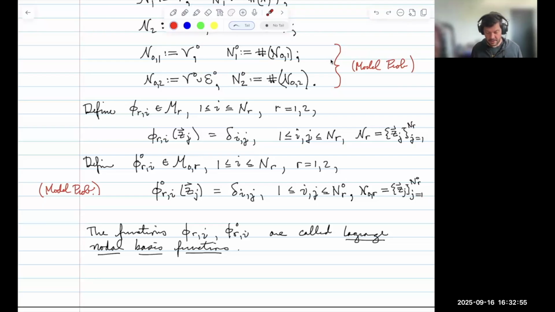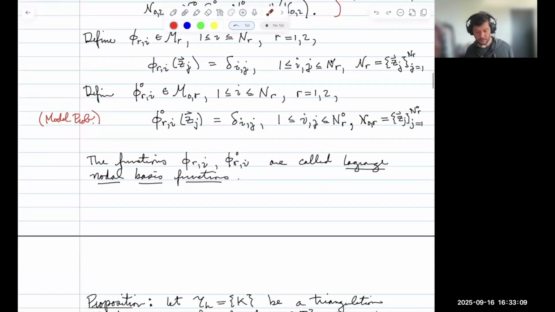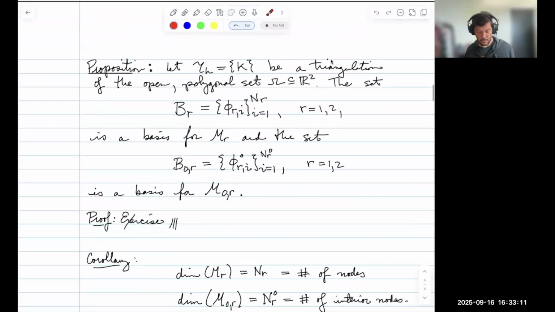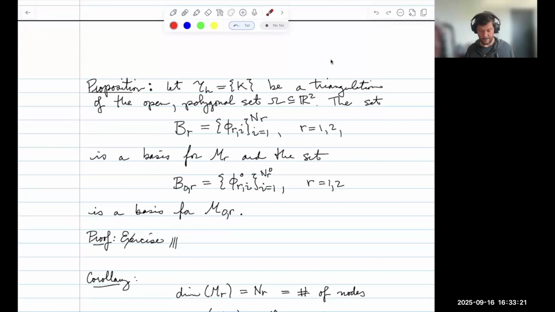Again, these are the basis functions for the general case, and these are the basis functions that we'll be interested in for the model problem because there are no degrees of freedom on the boundary in that case. A picture is going to prove to be invaluable here, but let me state the theorem before we get to that.